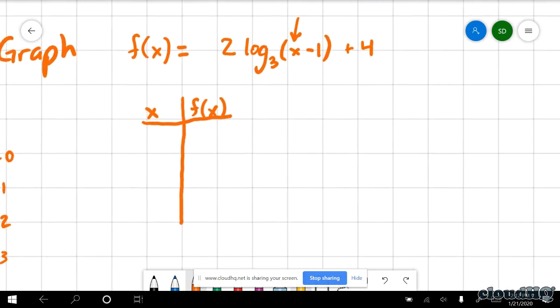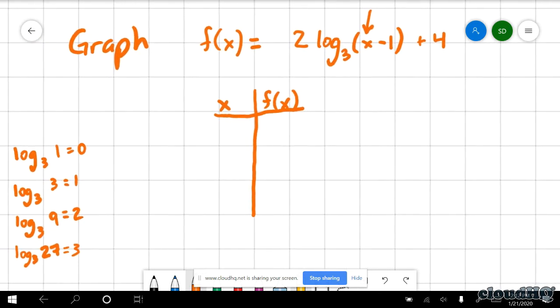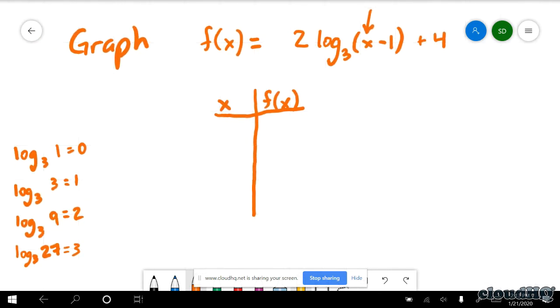That's not the exact same problem we're dealing with here, but it is related. What would be a nice x value for us to use? 2. Why would 2 be nice? When I plug 2 in, 2 minus 1 is 1, and I get a log base 3 of 1.